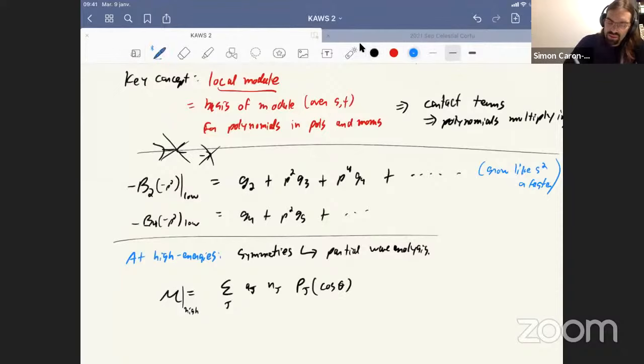This coefficient in general will depend on the energy. The Legendre polynomial, or in general dimension the Gegenbauer polynomial, is just like a spherical harmonic. And cos theta here would be 1 plus 2t over s.